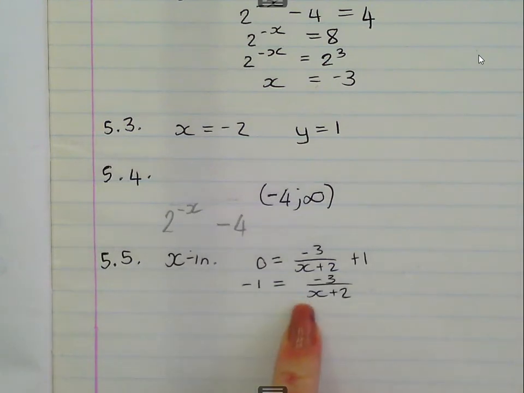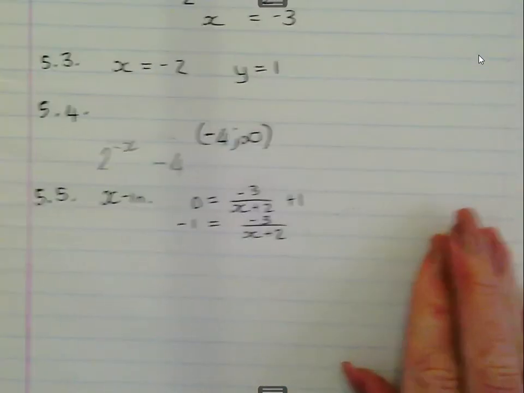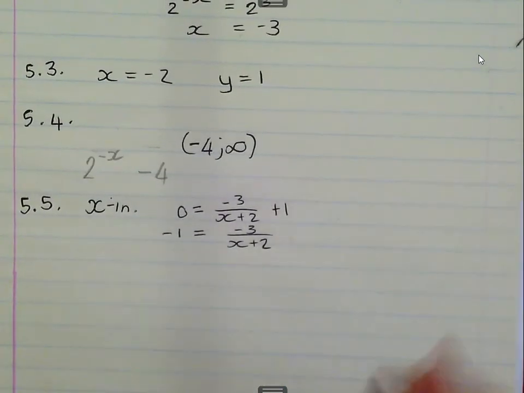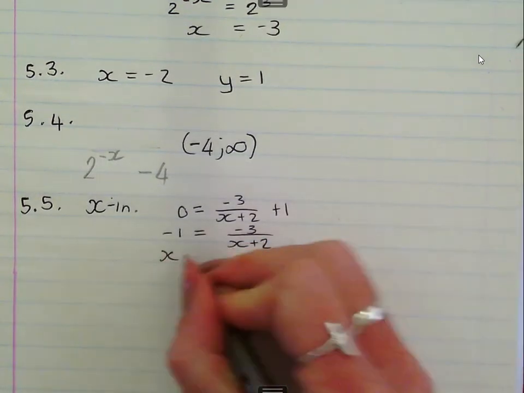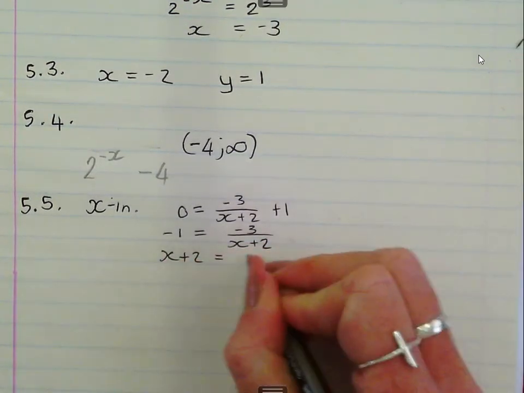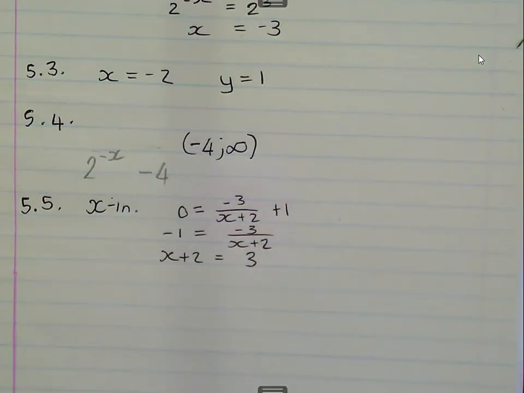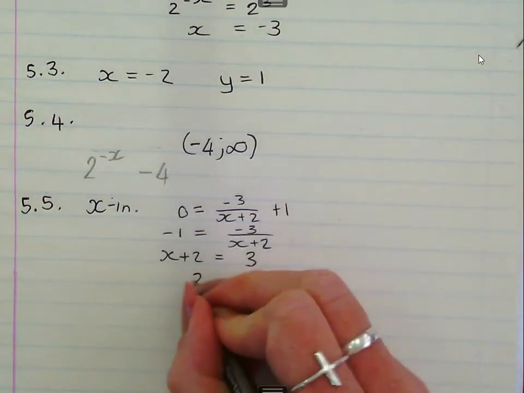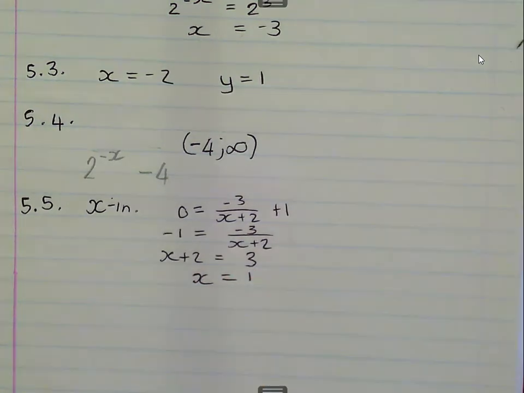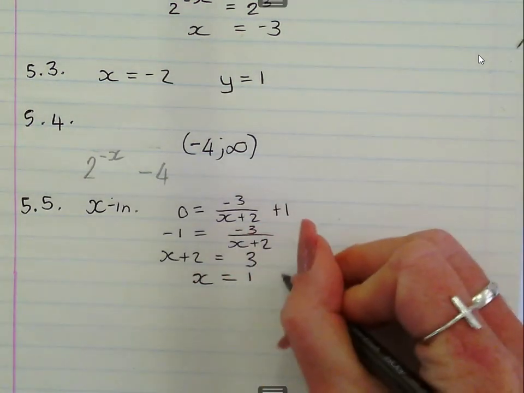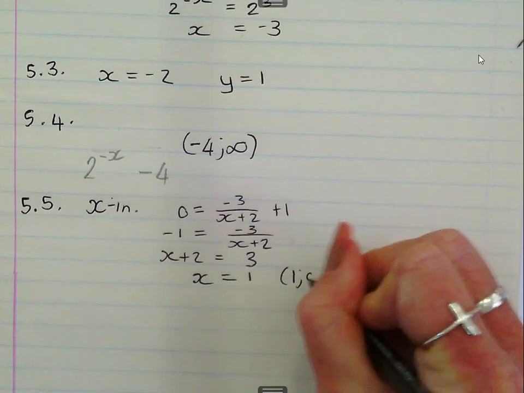Then you remember the shortcut, no? You swap the whole denominator with the answer. Then it's x plus 2 equal to negative 3 over negative 1, which gives me an answer of 3. And then x is equal to 1. So my x-intercept is (1; 0).